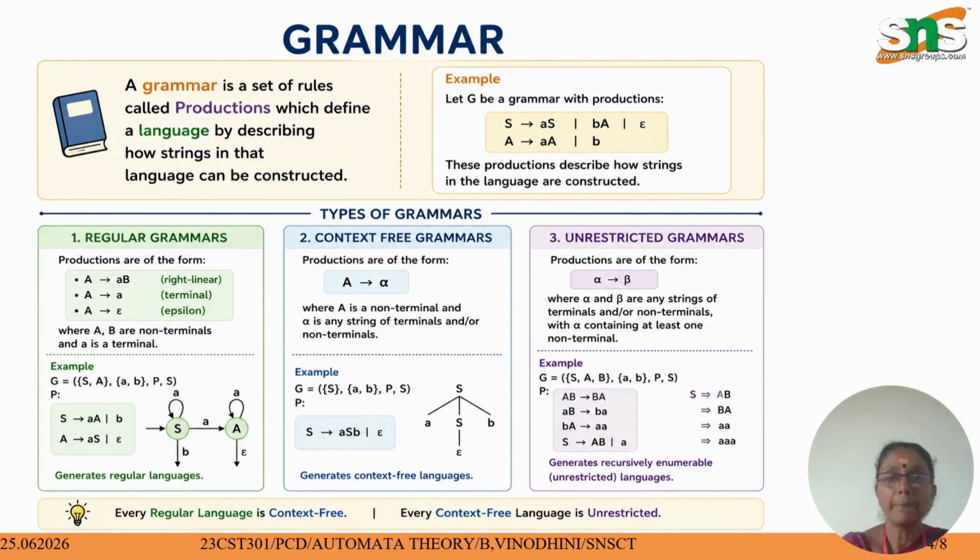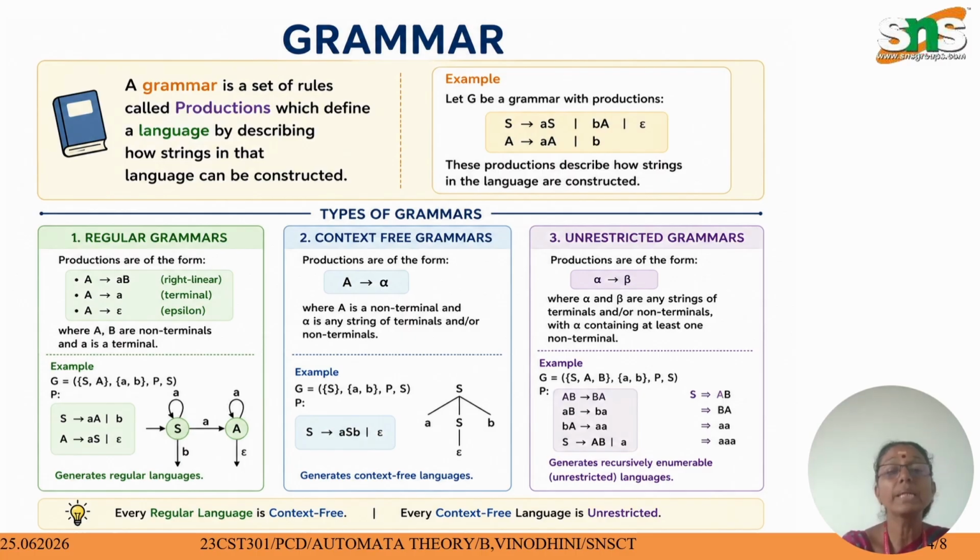Next is grammar. Now we will see only the abstract view of grammar. In the coming videos, we will see the detailed terms of what grammar is and the types of grammar. A grammar is a set of rules called productions which define a language by describing how the strings in that particular language can be constructed.